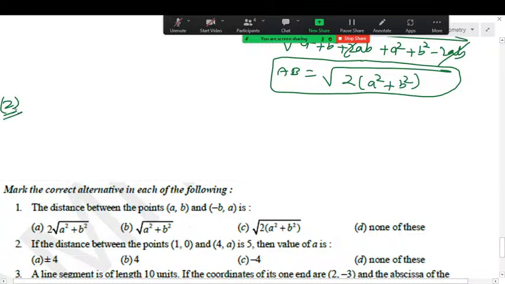Try to solve second. So a square plus b square. Yeah, solve this.